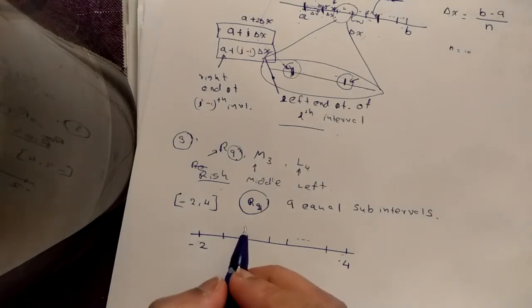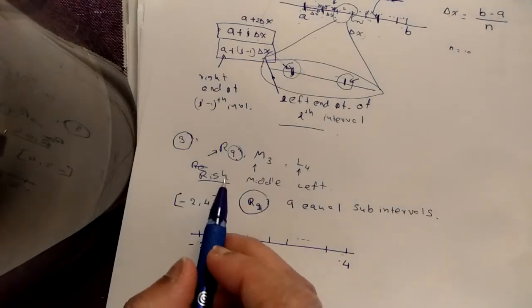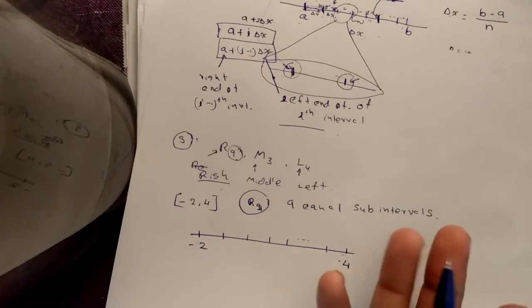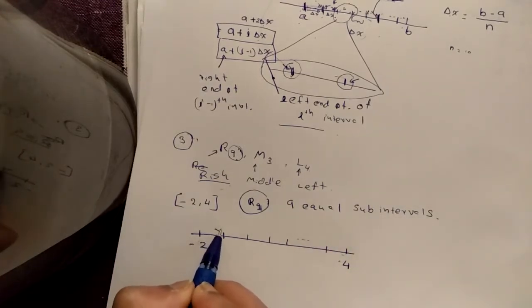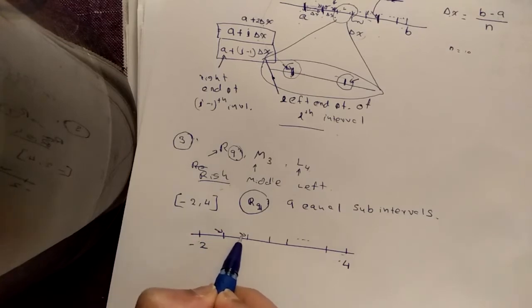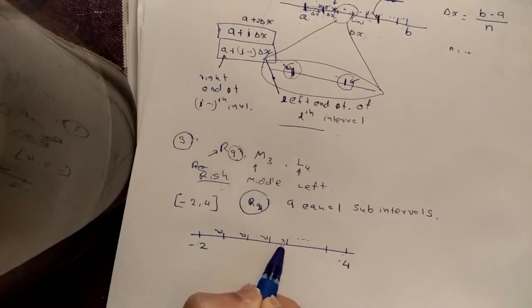When they ask to find the right sample points, that means we just have to mention all the right endpoints of these subintervals.